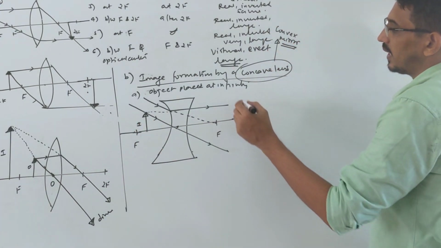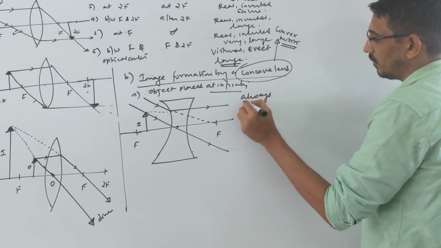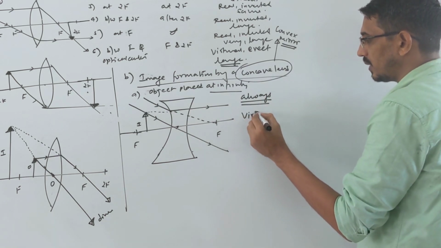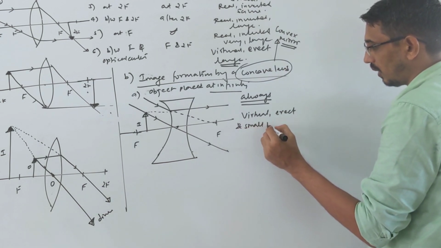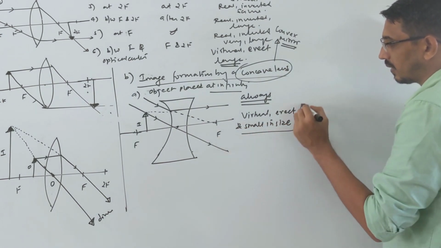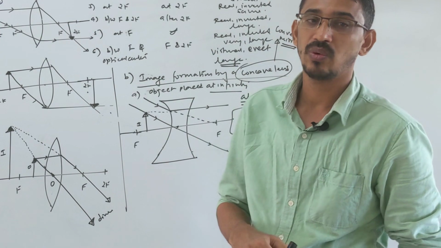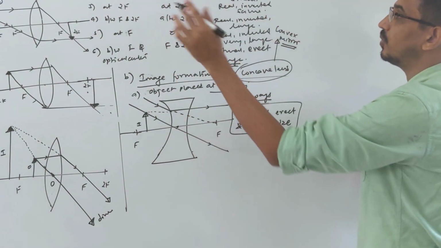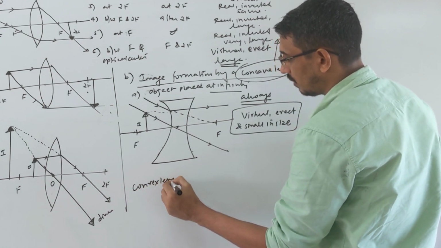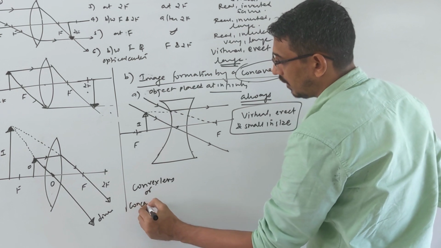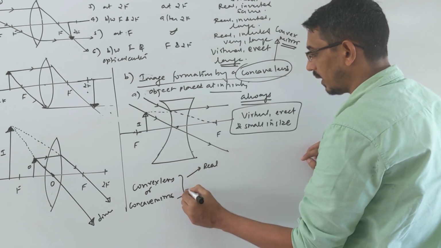So I told you, in this case, even if you bring your object close to here, this lens always makes a virtual image, erect, upright, and small in size, correct. So the magnification for lenses will be exactly similar to your convex and concave mirror. I'm writing a summary of both together now. Look here, the convex lens, or your concave mirror, these can make a real image, and they can also make a virtual image.